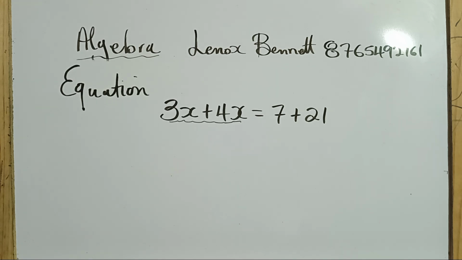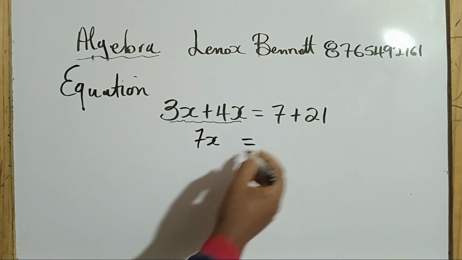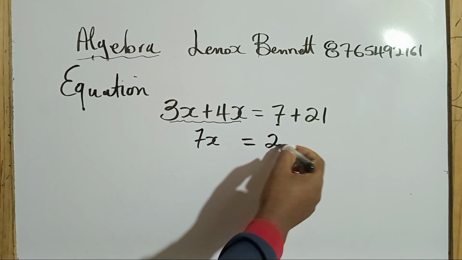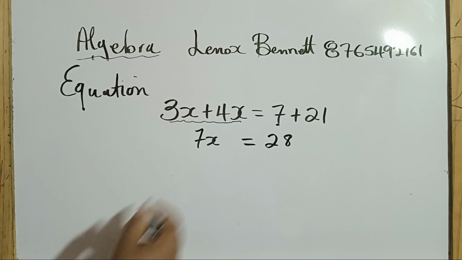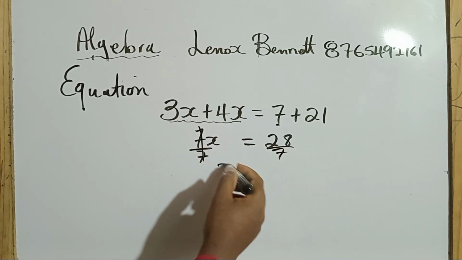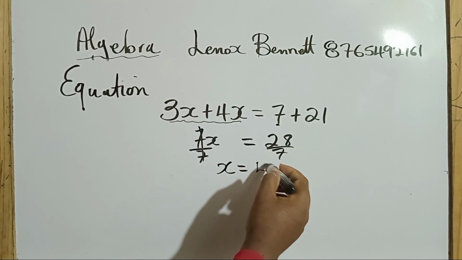So we can add 3x and 4x to give us 7x because they're all x's. And of course, 7 plus 21 would give us 28. And then we divide by 7. We established that already. 7 into 28 goes 4 times.